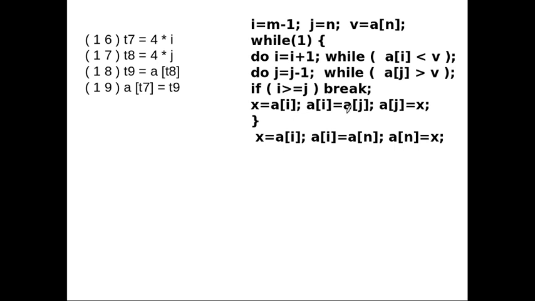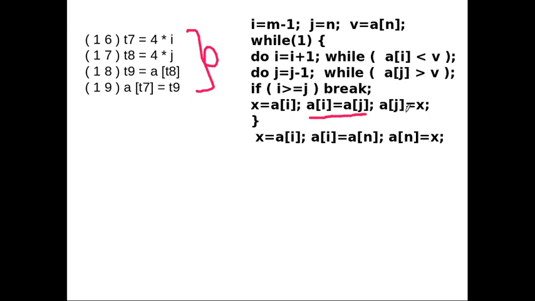A of t8 is followed, where I am storing this a of j value in t9. So for this instruction I require 4 three address code statements. Now I am using temporary variable 9.